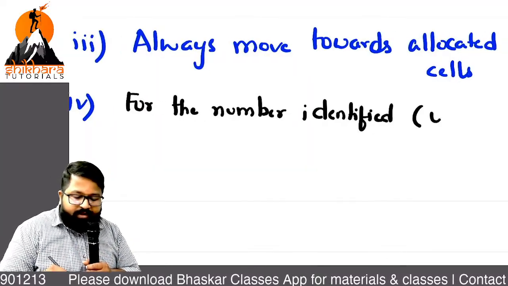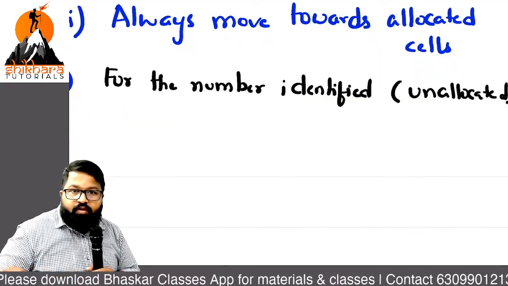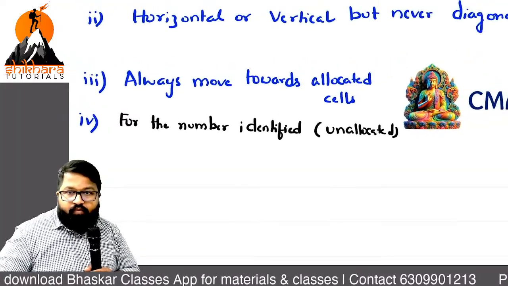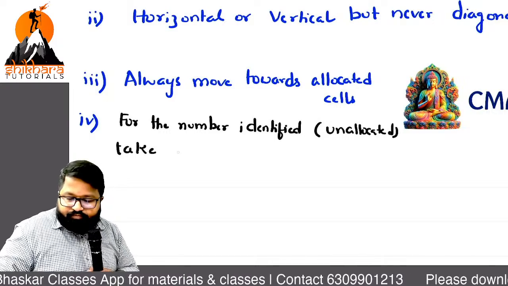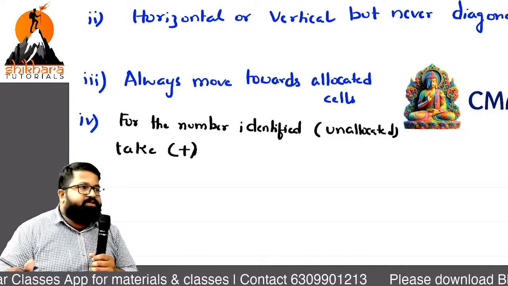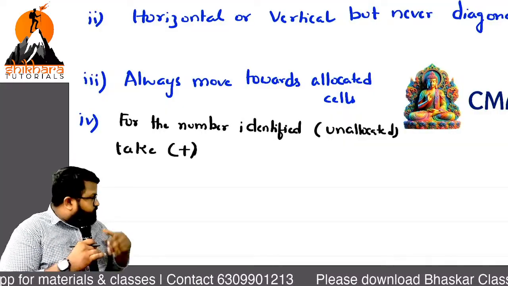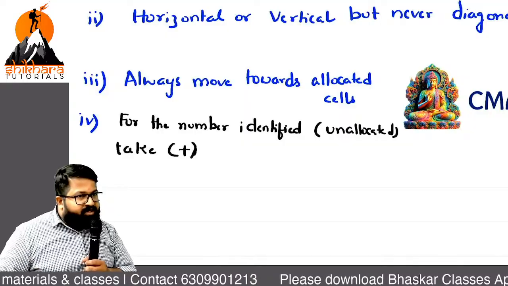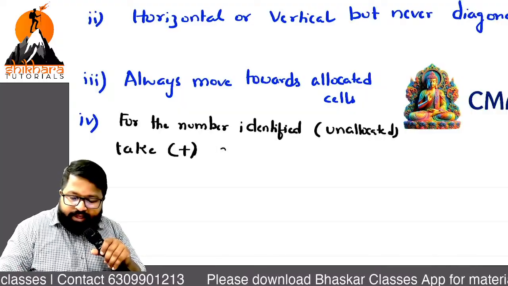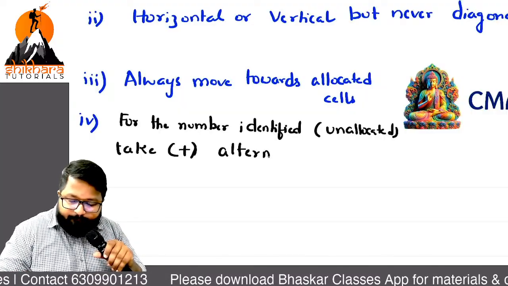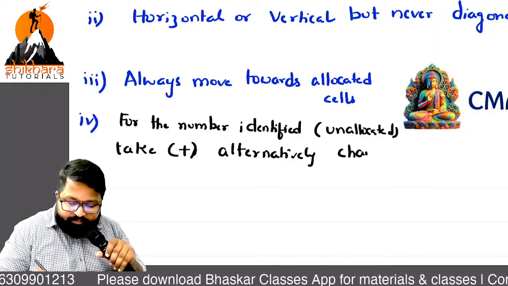So right there, it is unallocated, for your knowledge. Take plus. So for the first number, we are taking what? Plus. And next, alternately, change the symbols.